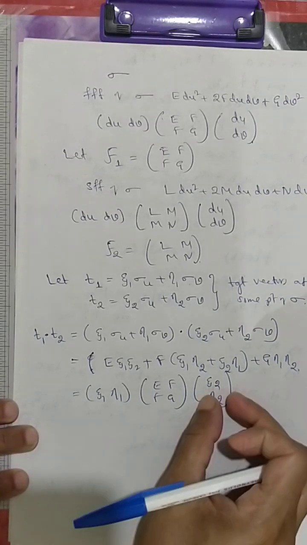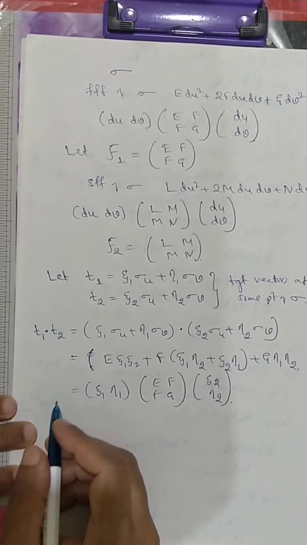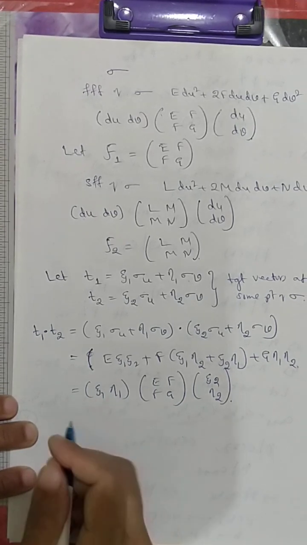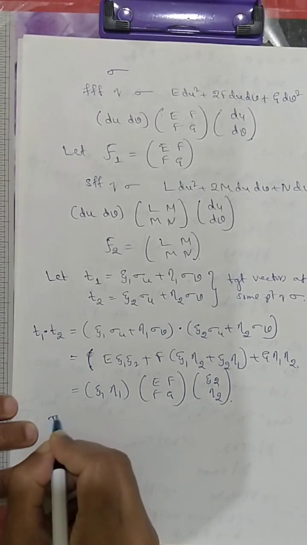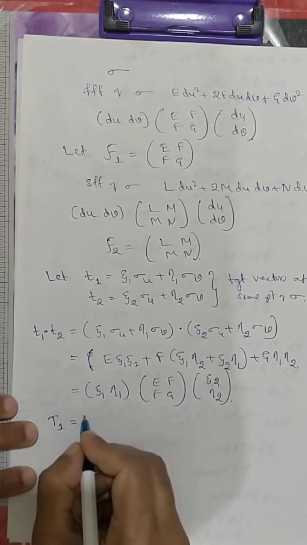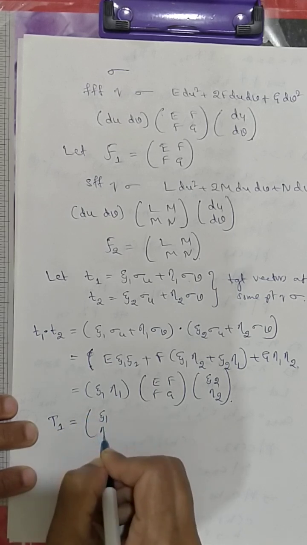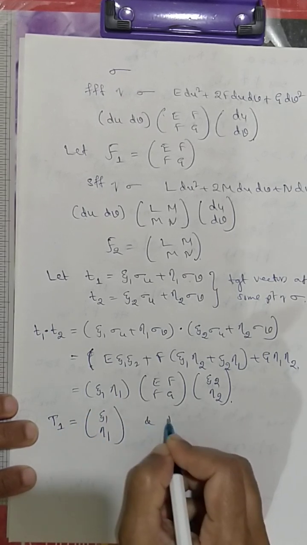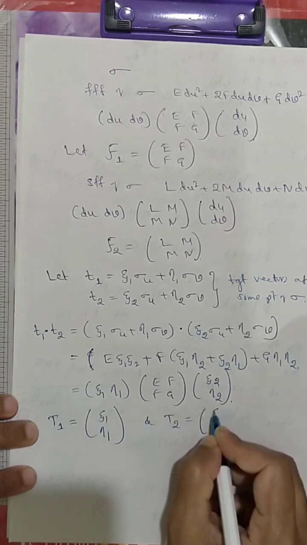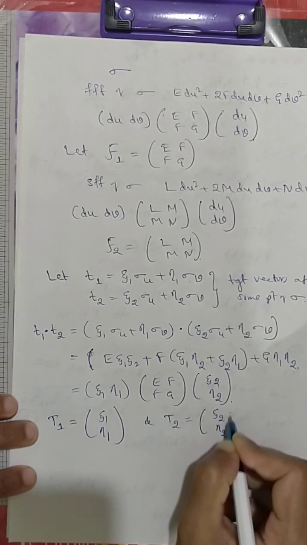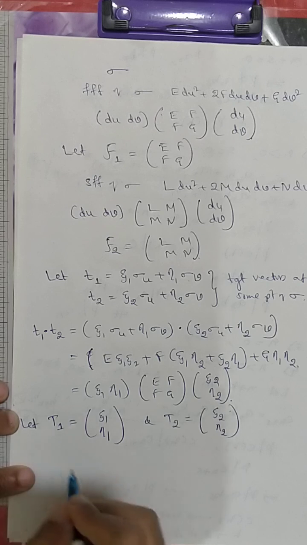Now let me take the transpose of this. So let T1 be equal to the matrix (xi1 eta1) and let me take T2 for the matrix (xi2 eta2). Let us consider these two.